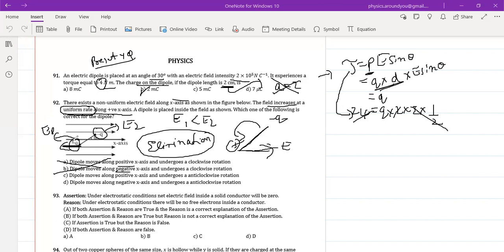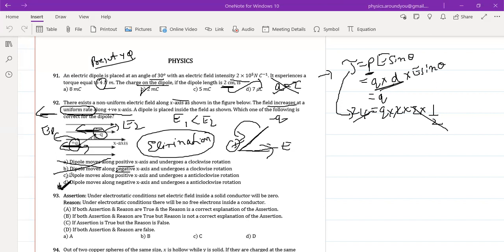So as I go in the direction of the x-axis, the field increases. So E2 is greater than E1. Therefore, the force experienced by minus Q will be greater than the force experienced by plus Q. So the net force acting on a dipole is in the negative direction with an anti-clockwise rotation. Therefore, the right option is D.